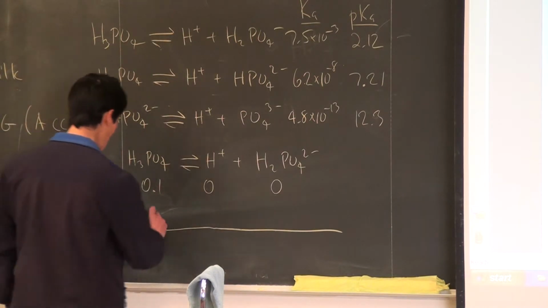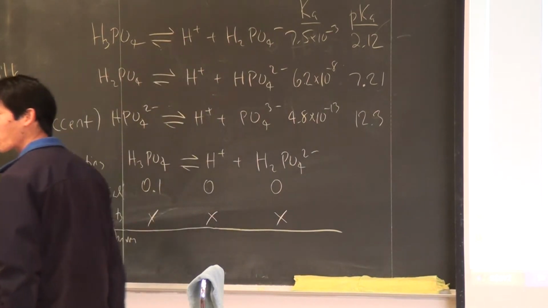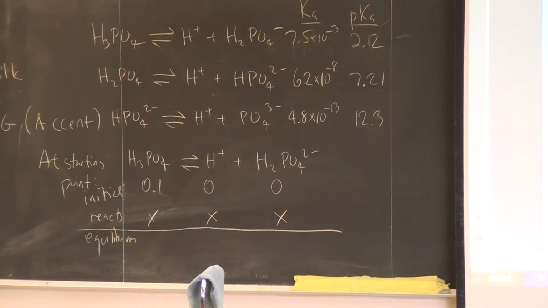X? Yeah, so use your favorite variable, whatever that is. Can we use O? If you want to, but that gets kind of tricky because you have to distinguish between the 0 and the O.